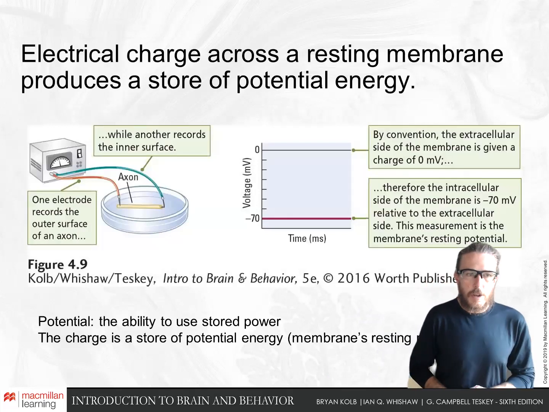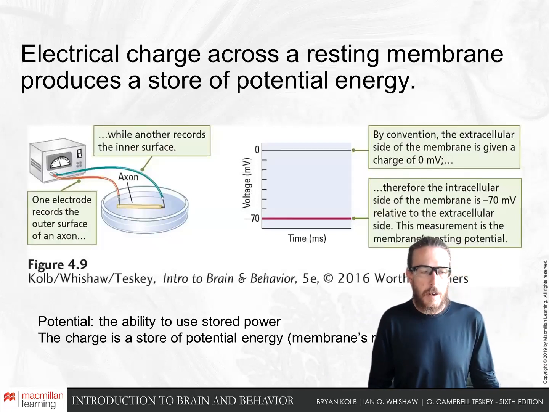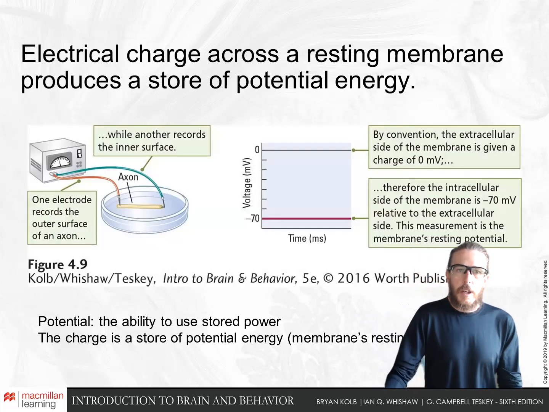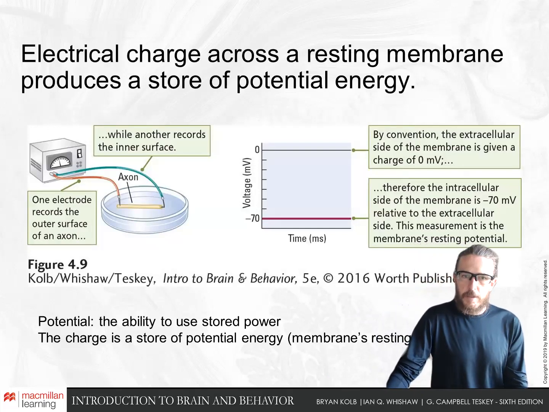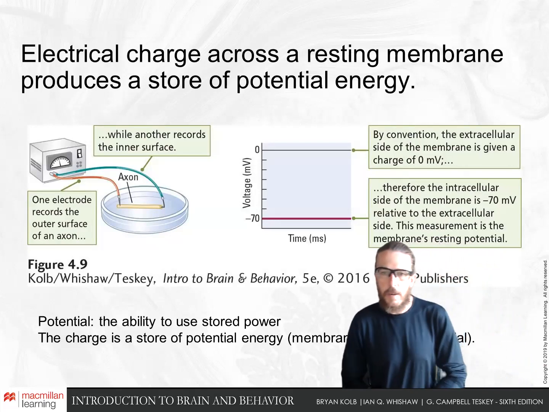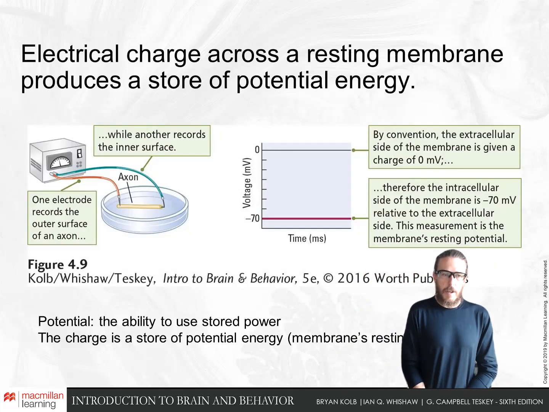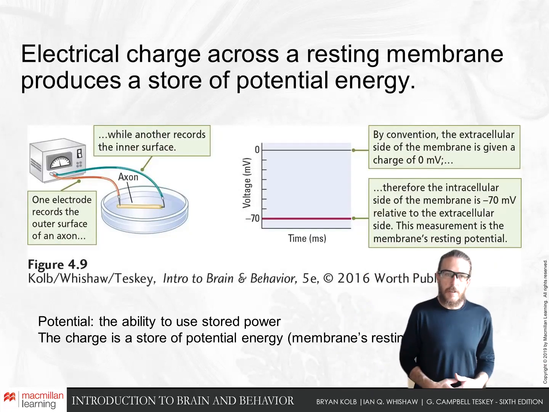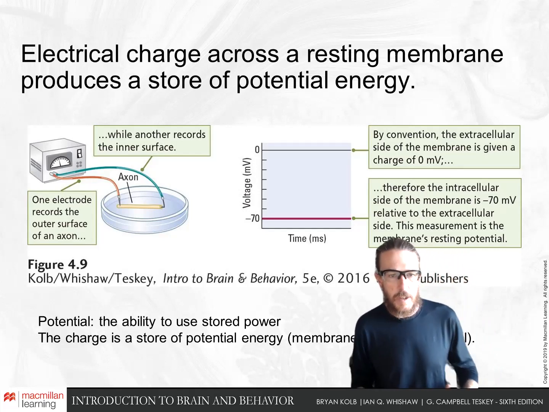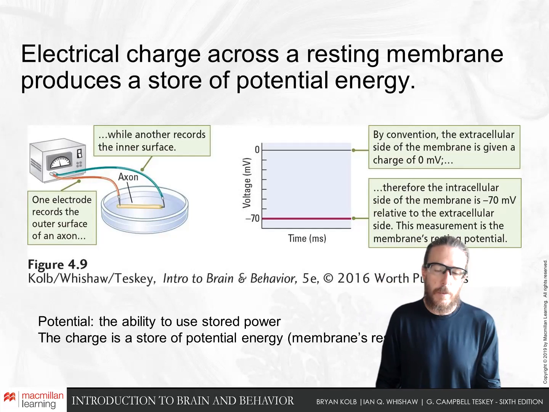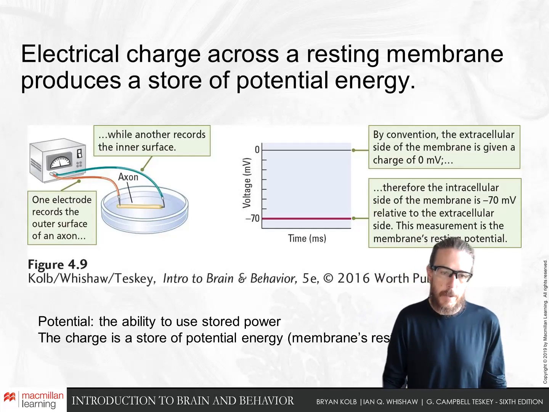So we can know this by measuring with a microelectrode on the inside and outside of the cell. And we see this constant uninterrupted voltage of around -70 millivolts from the inside to the outside of the cell. So this potential energy, this -70 millivolts, is a stored energy between the inside and the outside that can be used when certain channels or gates are opened up.